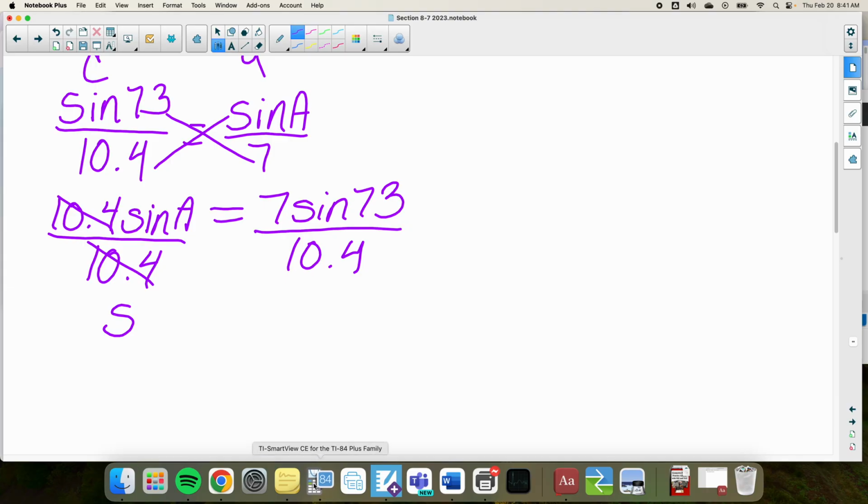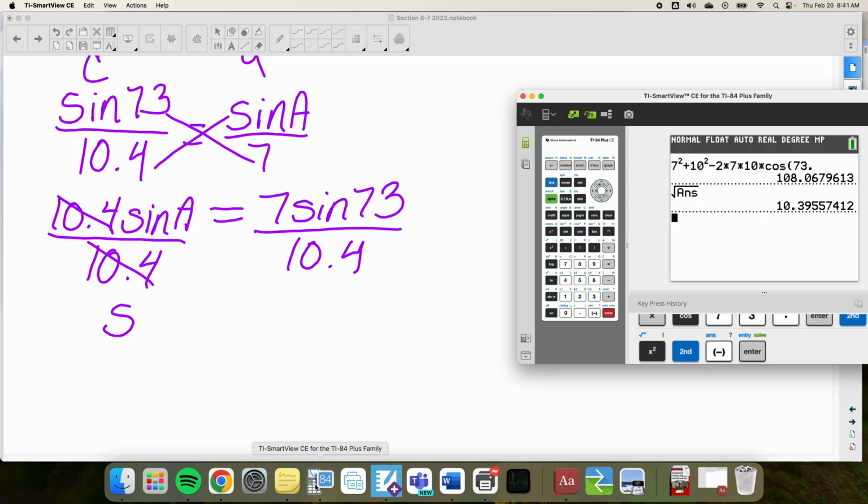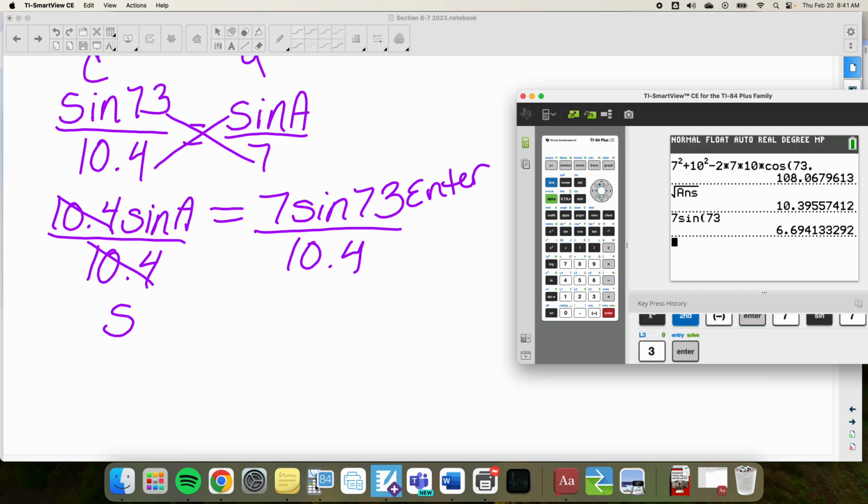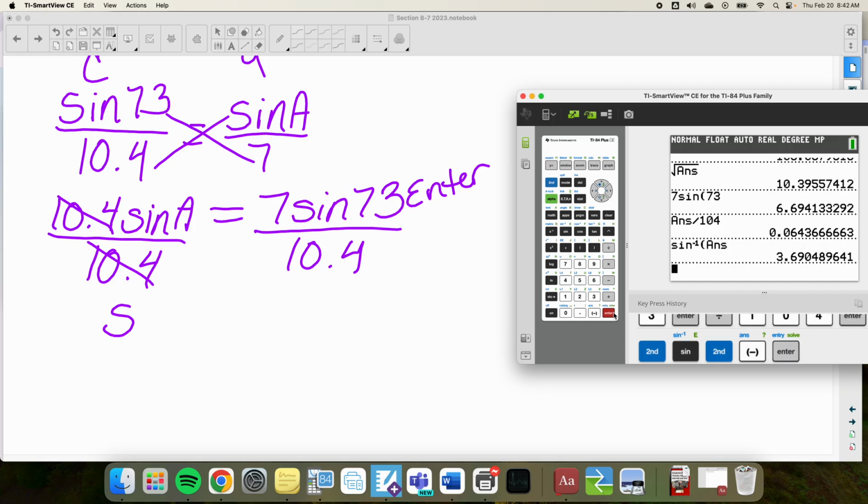So if I go to my calculator and I do 7 sine 73, enter, remember you have to hit enter here, then divide by 10.4, does that look like an angle? No. So what I have to do then is what? Second sine. So I go second sine, second answer, and that will pull that down.